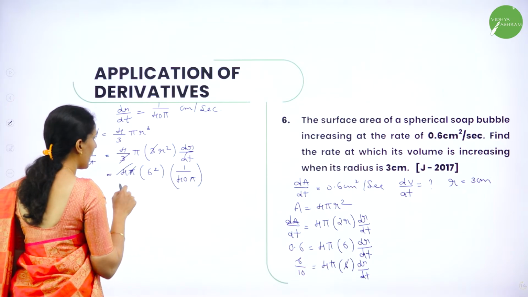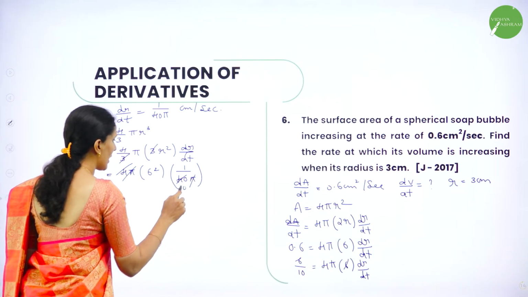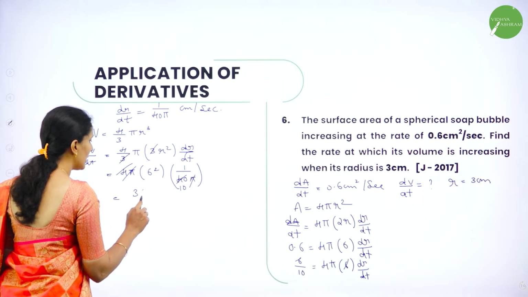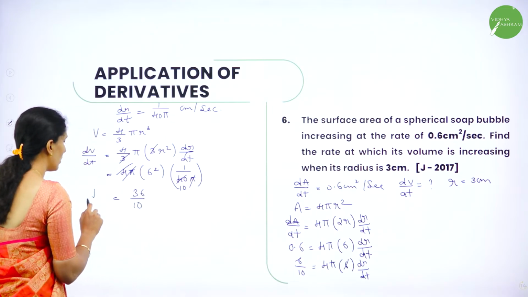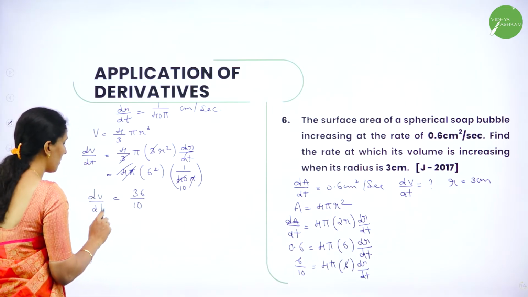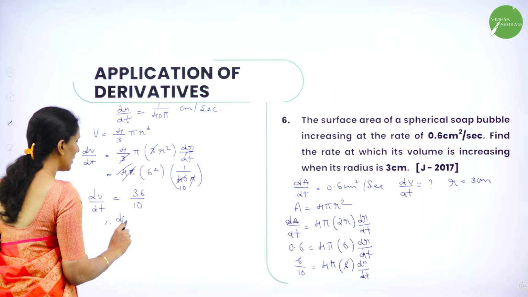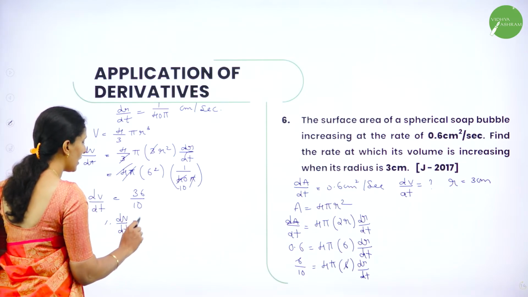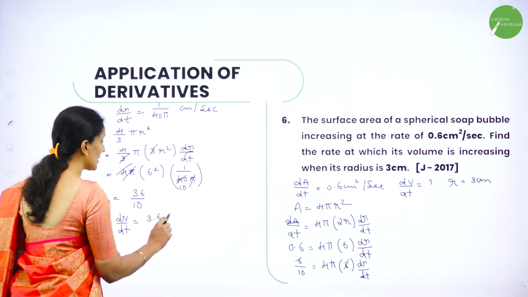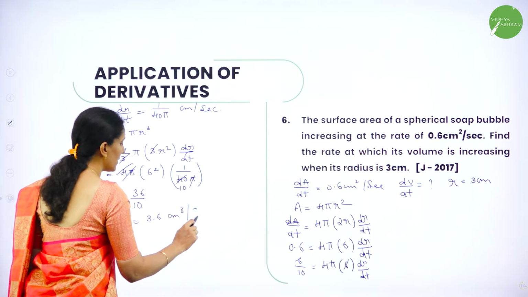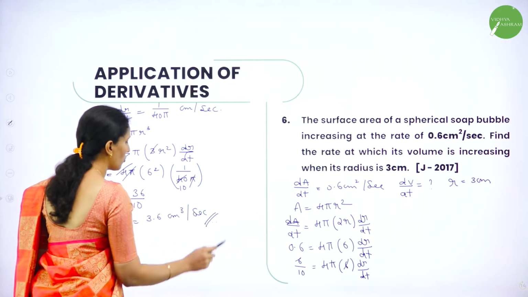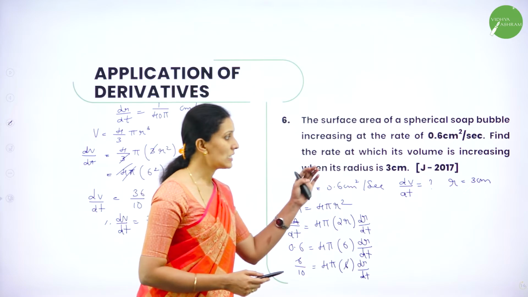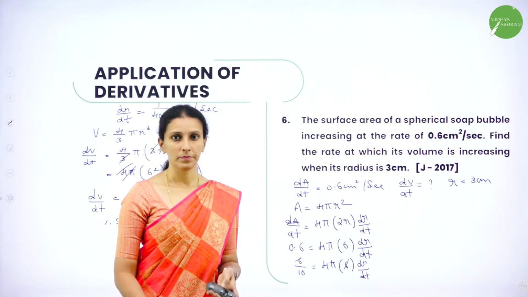So 4 pi and 40 pi cancel, we will get 36 divided by 10. So dV by dt is 36 by 10, which can be written as 3.6 centimeter cube per second. So this is the rate of change of volume whenever the radius is 3 centimeter.